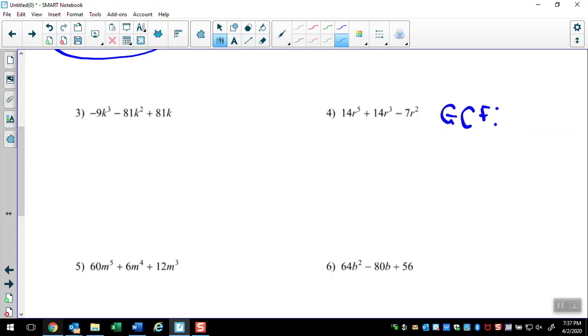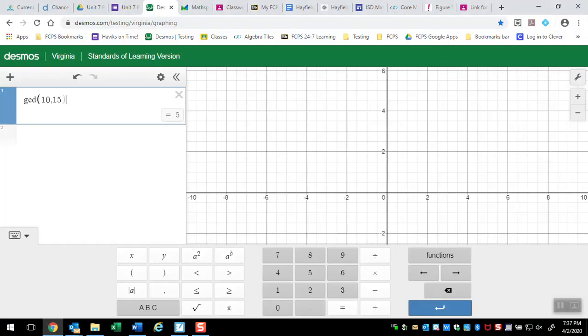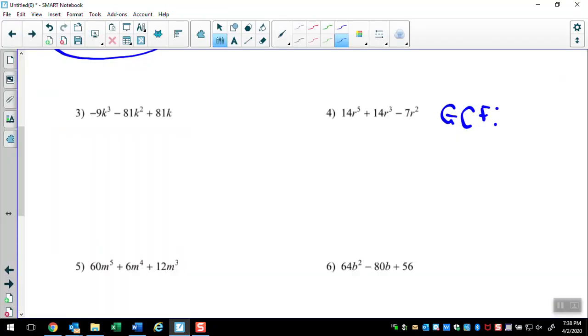So again, if you're not really sure, I can come over here and we can go ahead and delete. And I only have to type the 14 in once, and 7. So the greatest common factor was 7. So we can come back down here. So we know we have 7.